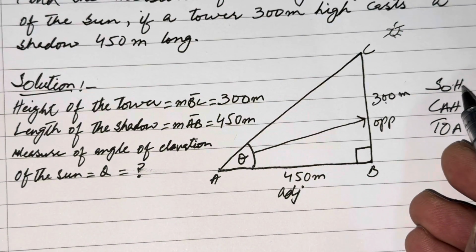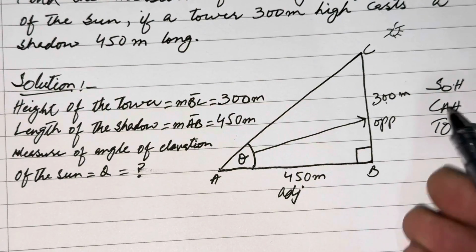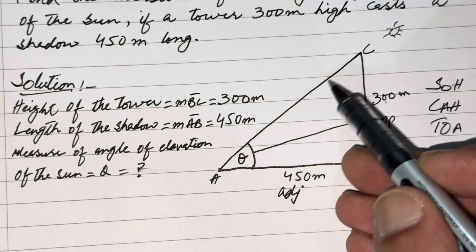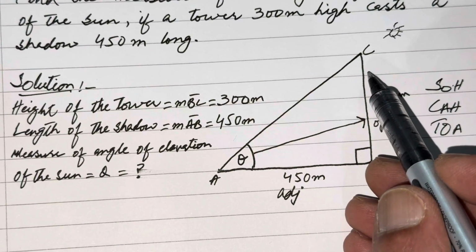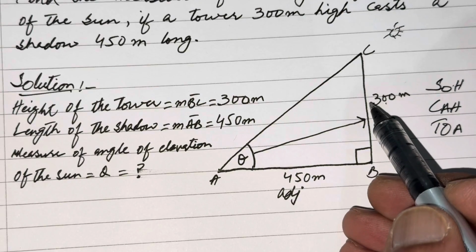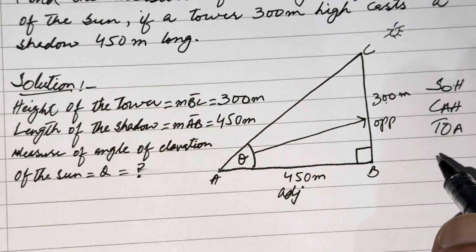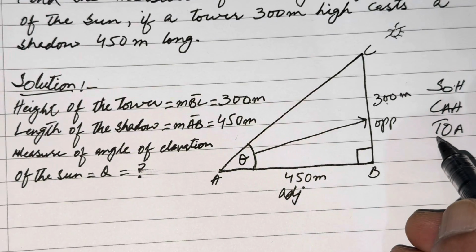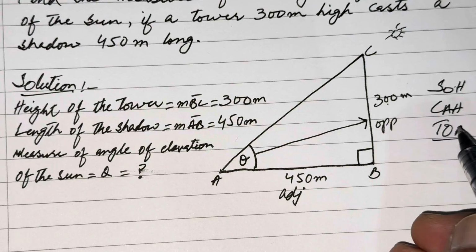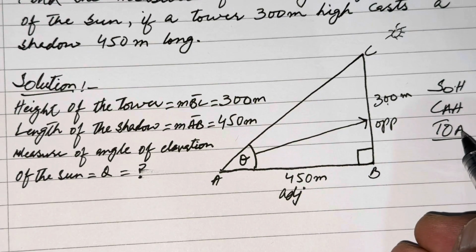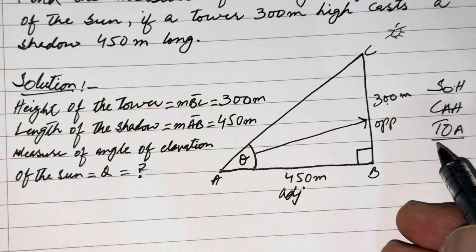Sine is opposite over hypotenuse, cos is adjacent over hypotenuse. We don't have any value of the hypotenuse. We have the values of the opposite side and the adjacent side. So the third word, T for tangent, O for opposite, A for adjacent, will be taken from these three magical words.